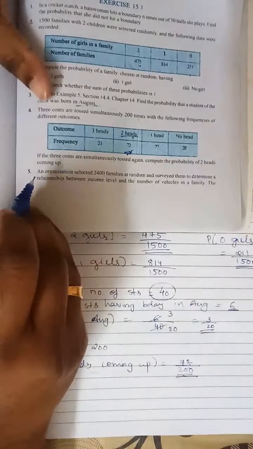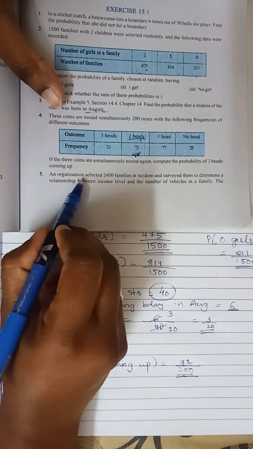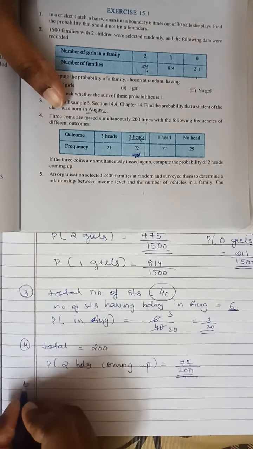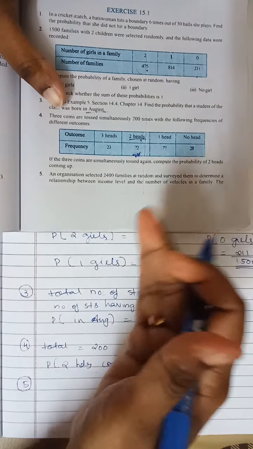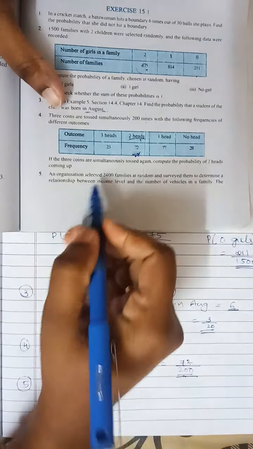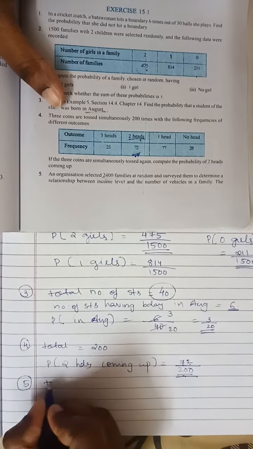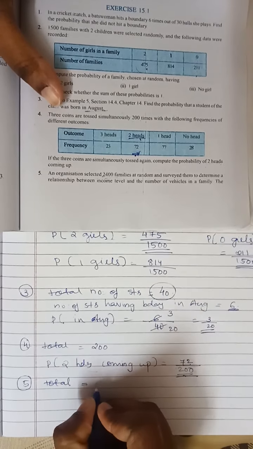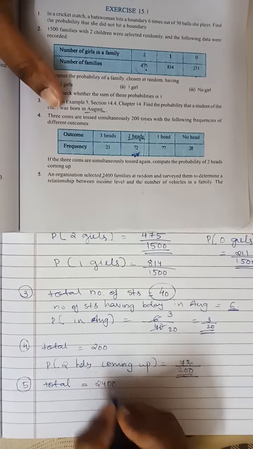Okay, next. Question number 5. An organization selected 2,400 families. So that is the total number of families. While reading the question from the beginning itself, we can note this step. Total number of families we got from the first step itself. So the total number of families is equal to 2,400, right?